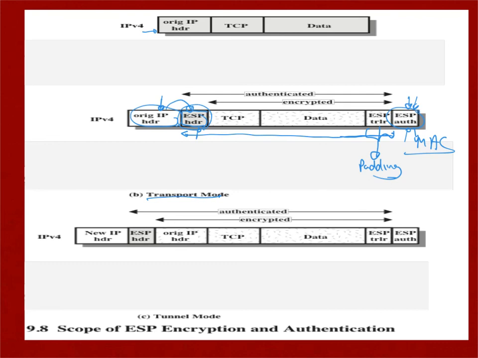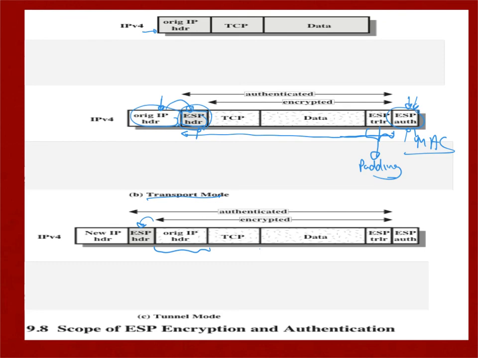For tunnel mode, we keep the original IP header after the TCP header. We leave it, and then we add the ESP header underneath the original IP header. In that case, the ESP header is under the IP, but remember, the security always comes after.